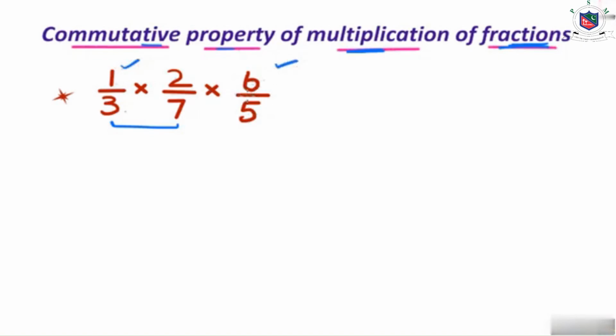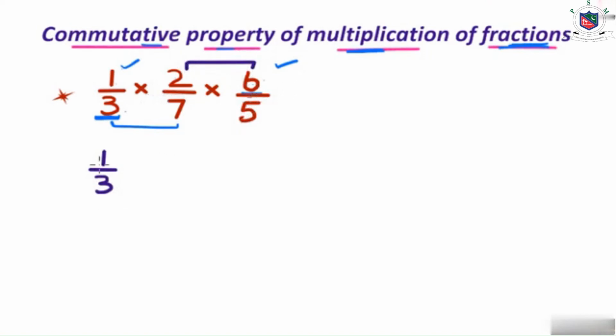You can see that the first fraction and the third fraction will be easy for us to multiply, as 3 and 6 can be cross cancelled. So according to the commutative property of multiplication of fractions, we can exchange the place of the fractions.